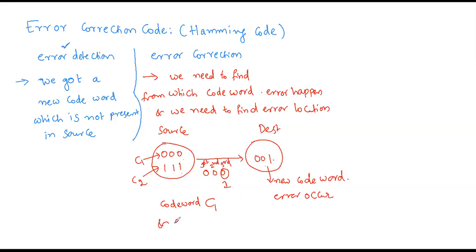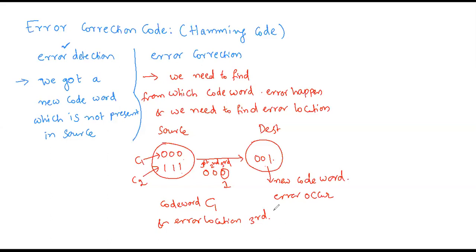So the error location is the third bit. In error correction, we have to find out from which code word the error occurred and at which location. We need to find both.